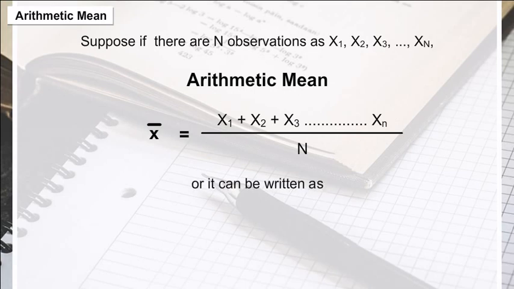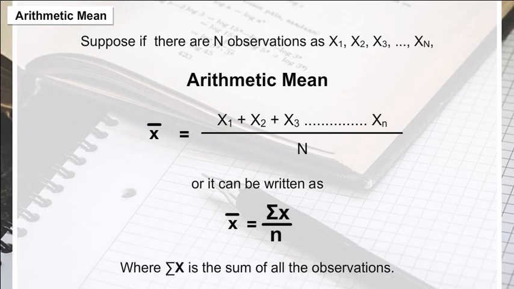Or it can be written as x bar equals summation x upon n, where summation x is the sum of all the observations.